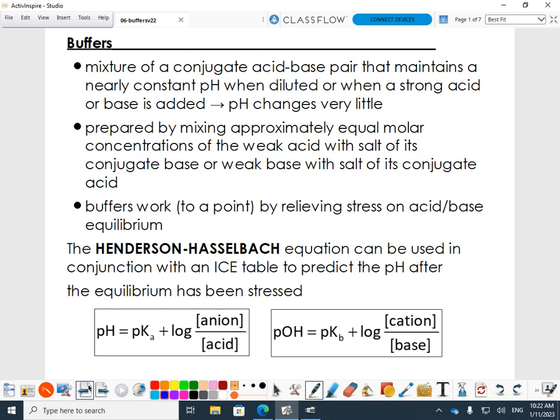The buffer in our blood helps to prevent our pH from changing too quickly, making us sick or being fatal. You can have equal molar concentrations of both, or pretty similar, almost equal, and that will work well enough.